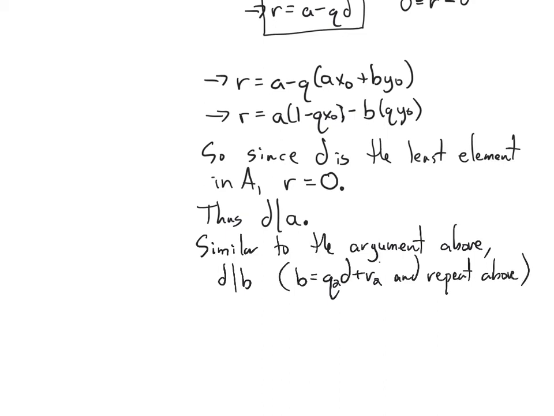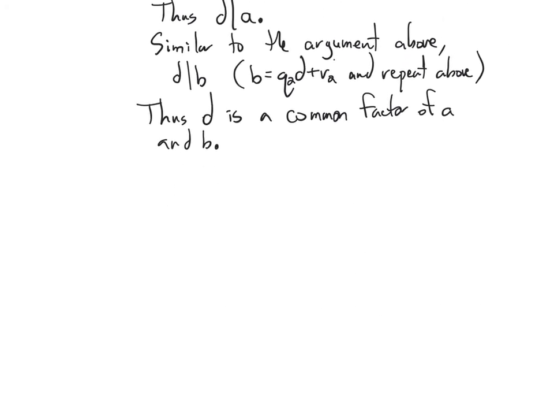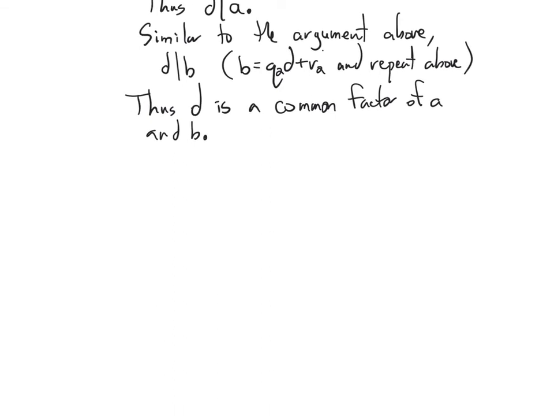So we know that D is a common factor of A and B, which is pretty cool. Now we just need to show that it's the greatest common factor, not the least common factor.